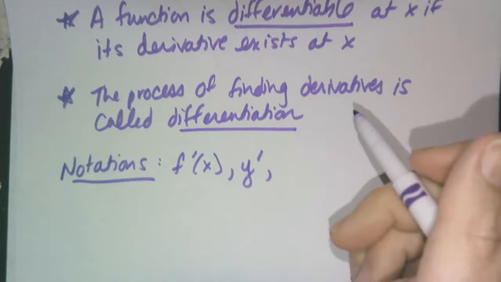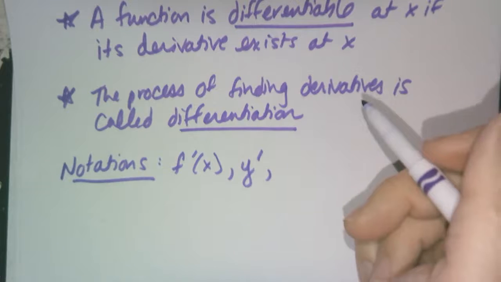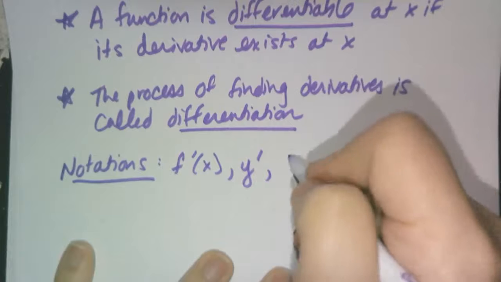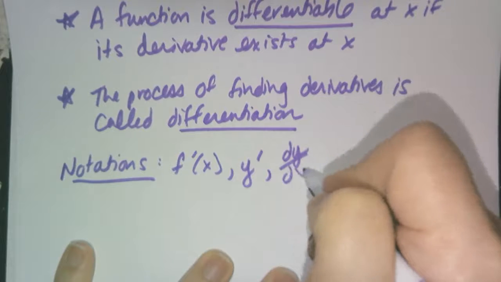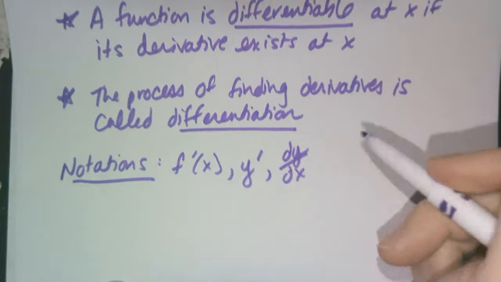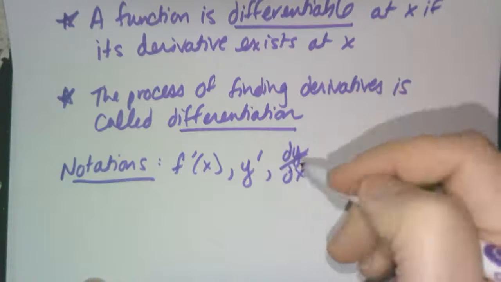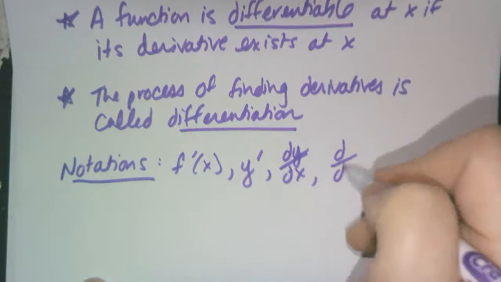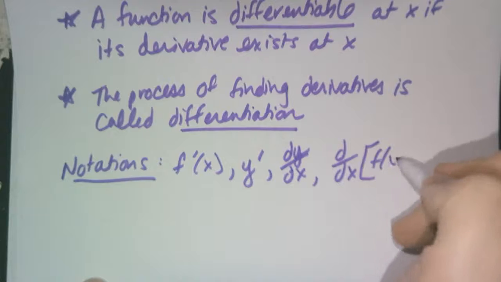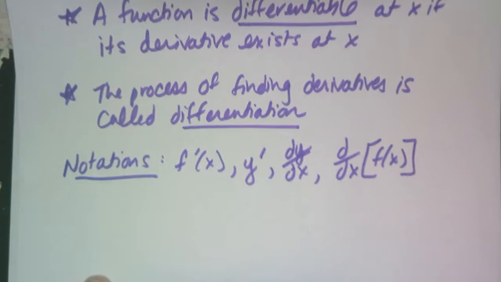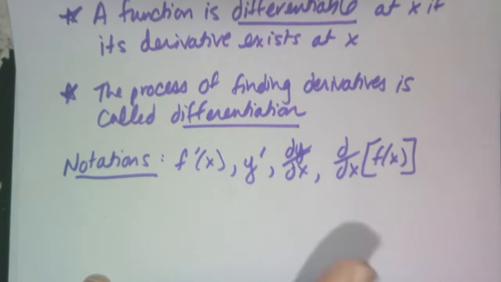There are such things as second derivatives, third derivatives, fourth derivatives. Just wait, it gets funner. dy dx is also a notation for derivative, and d dx of the function f of x. When you see these tonight, these are asking for derivatives.